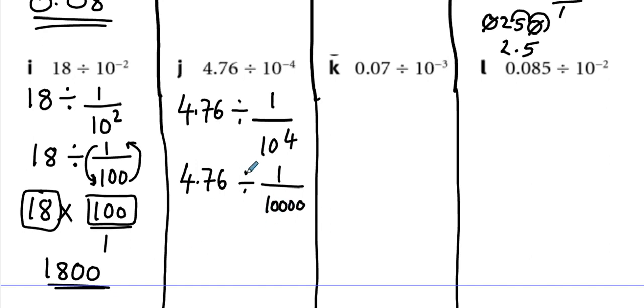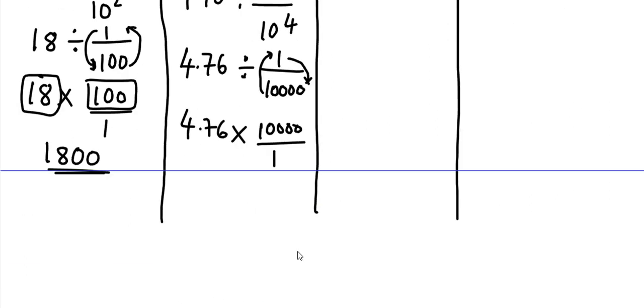To divide by a fraction, the bottom goes up, the top goes down, and this will be 4.76 multiplied by 10,000 over 1. So what remains is 4.76 times 10,000.